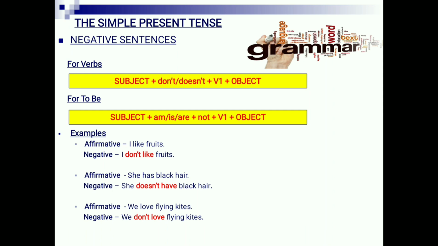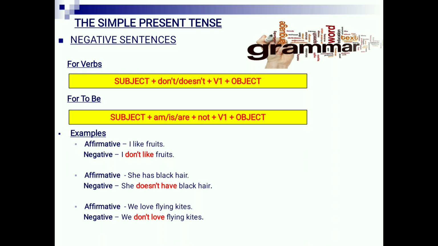Again the question comes in your mind, when do we use don't and when do we use doesn't. Same thing everywhere: when the subject is third person singular, we use does, as in Ramesh does not. Ramesh is third person, but after I, we, you, they or any plural subject we have to use don't.